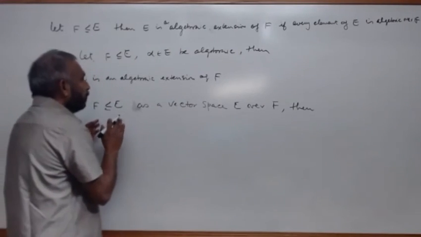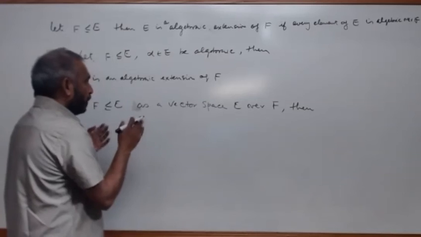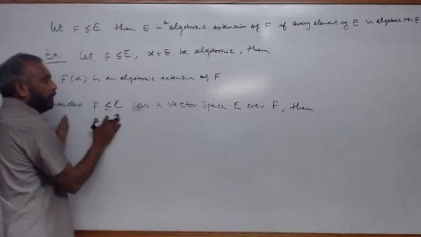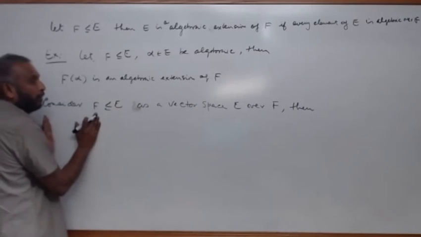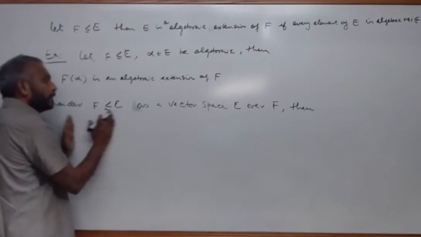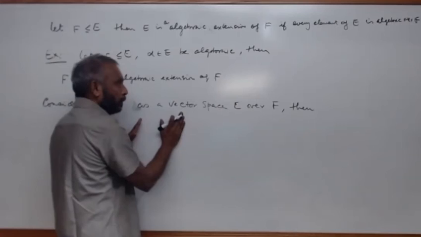We cannot express it as a linear combination. So I'm not going to say that right now. I'm going to say that E is an extension of F, and consider E as a vector space over F.